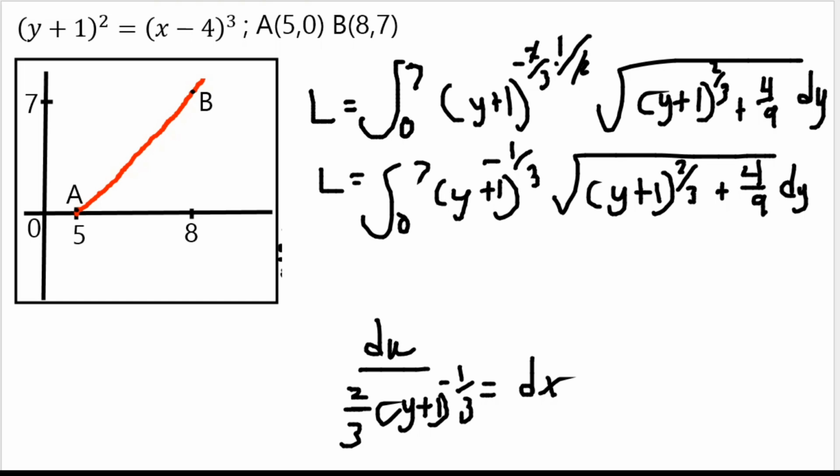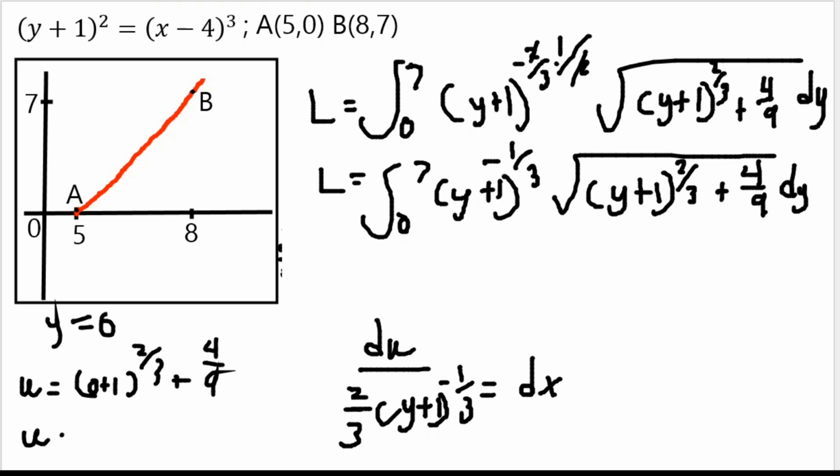Okay, let's do that. I thought it was x, but it is y. So u is going to become (0 + 1)^(2/3) + 4/9.